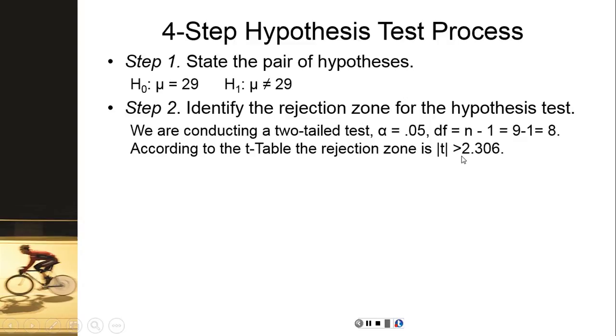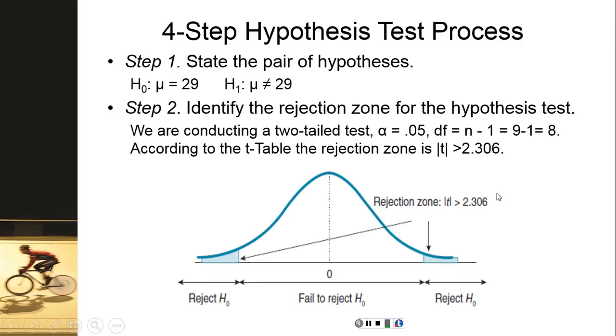Based on the table, we find our rejection zone would be the absolute value of t greater than 2.306. So the rejection zone is the shaded area on both tails.